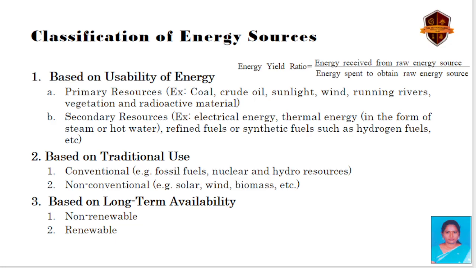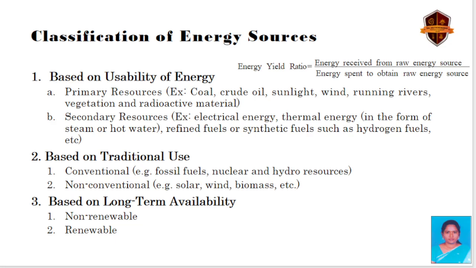Secondary energy sources are obtained by converting primary energy sources. Examples include electrical energy, thermal energy in the form of steam or hot water, refined fuels, and synthetic fuels like hydrogen.